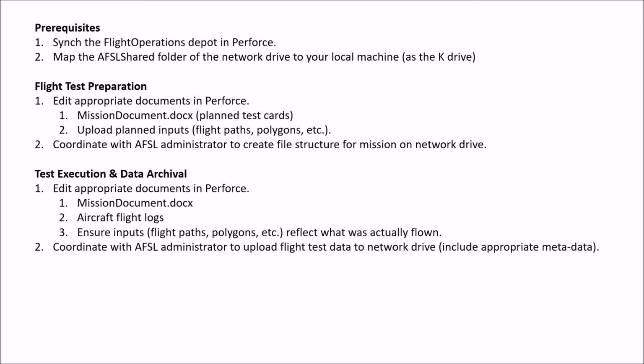The other thing to think about here is when you are uploading data to the network drive, you really want to make sure that you include appropriate metadata. Think about this. You're going to be flying a flight during a test, and this thing might have a bunch of information, say pictures. Now, if you take all of these pictures and you want to archive them and then pick them up again in 6 months, 9 months, a year down the road, it's going to be very hard to understand or remember what all this information is without all the necessary context.